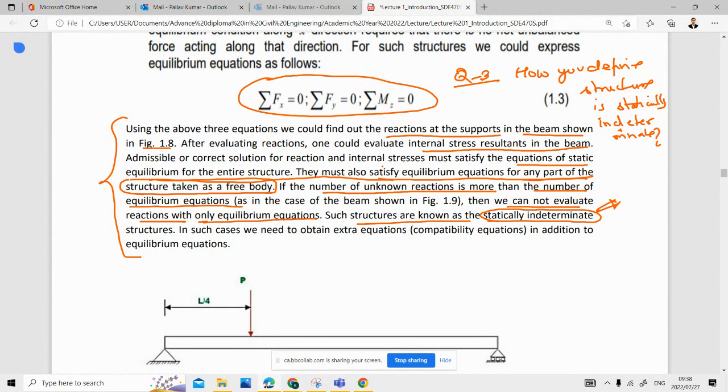You try to find all the unknowns in the structure and compare them with the available equilibrium equations. So if the available equilibrium equations are fewer than your unknowns, then it is statically indeterminate. Yes, please go ahead.